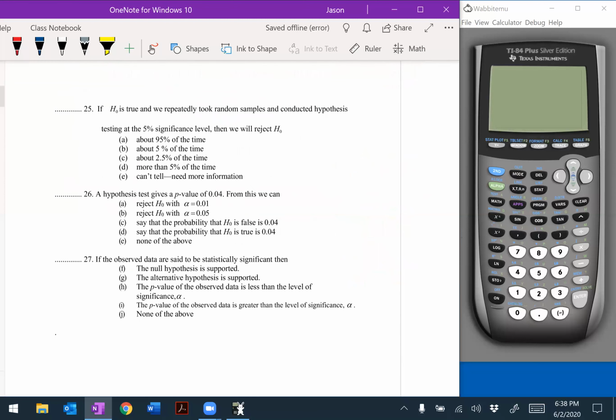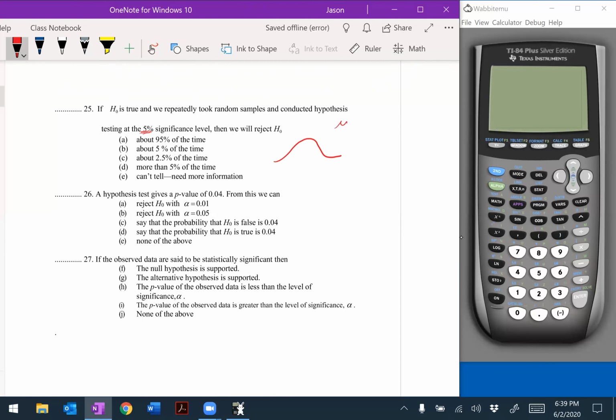Okay, 25. If my null hypothesis is true, and we repeatedly took random samples and conducted hypothesis testing at the 5% significance level, then we will reject H0 about what? If we repeatedly took random samples, but the null was true.